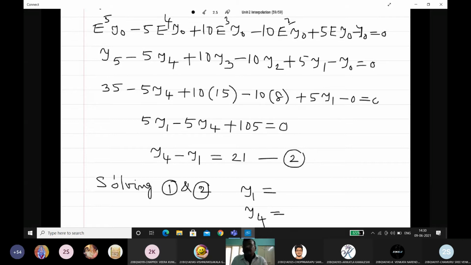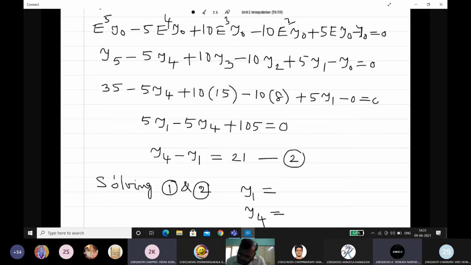Take the calculator and give me the value. y1 is equal to 3.